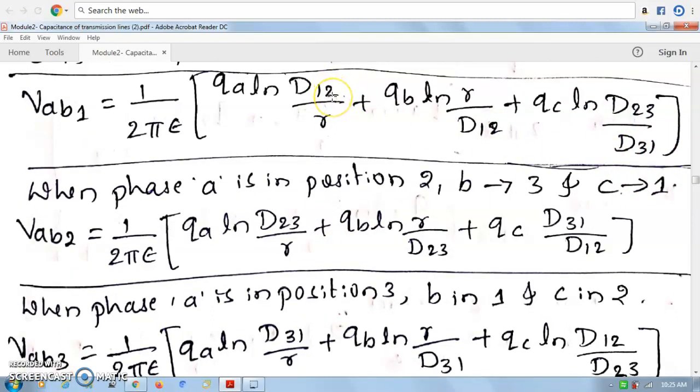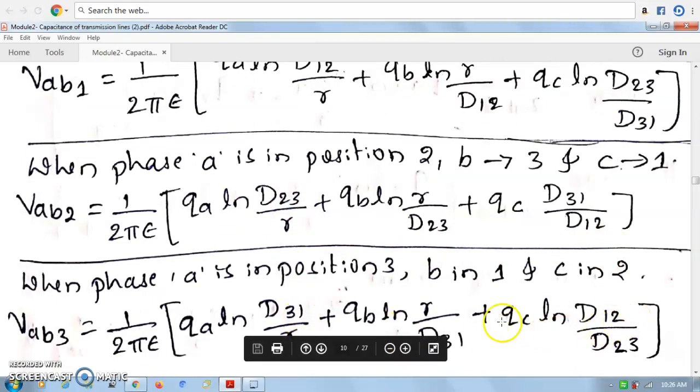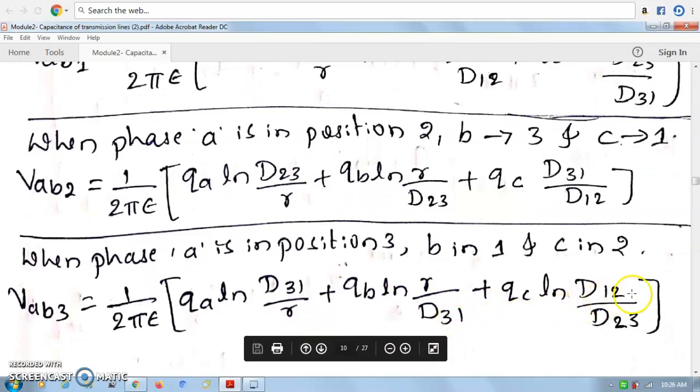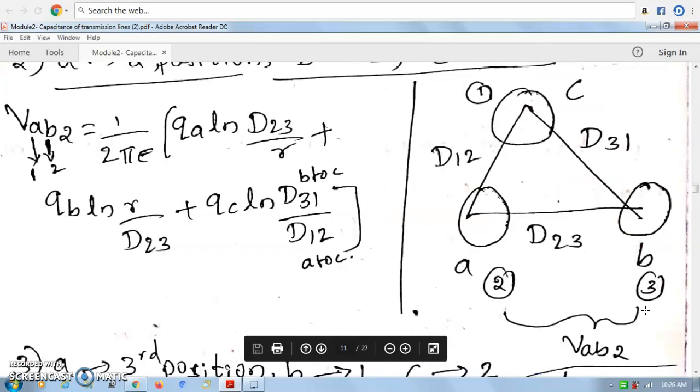Then it starts from 2 to 3, cyclic order. Here is reverse. Next, here 3 is left: 3 to 1, next 1 to 2. Here 2 to 3, here 3 to 1. Next, after 1, 1 to 2, 2 to 3. Getting it?